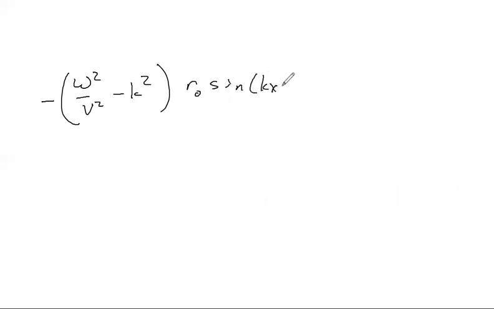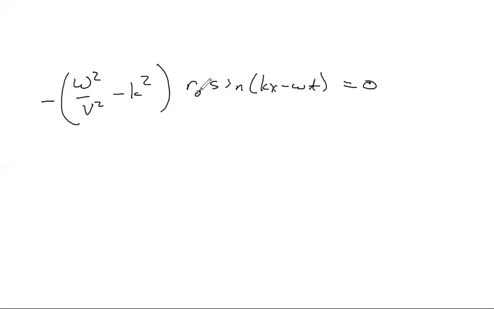Factoring that, I see omega squared over v squared minus k squared, and then there's an overall minus sign, R naught sine of kx minus omega t, equals 0. To solve the differential equation, you actually end up with a constraint on the parameters omega and k.